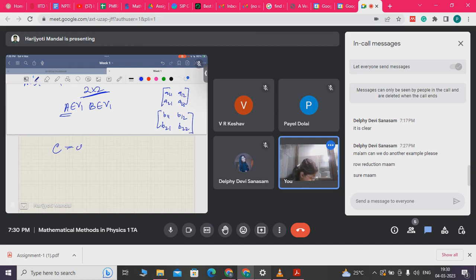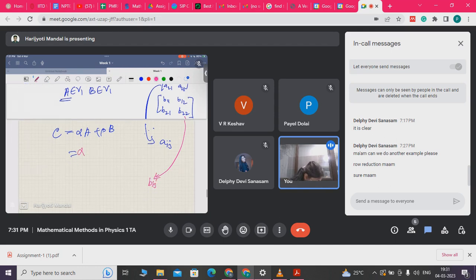Again see, we are doing this. I have already mentioned that instead of showing A plus B belongs to the vector space and alpha A also belongs to the vector space, we do it in one go: alpha A plus beta B. The matrix can also be written as Aij, and this matrix can be written as Bij, right?